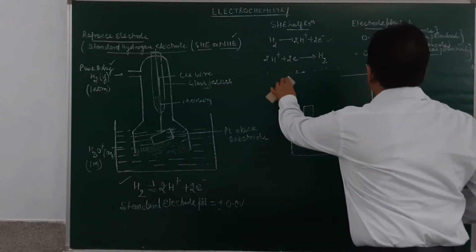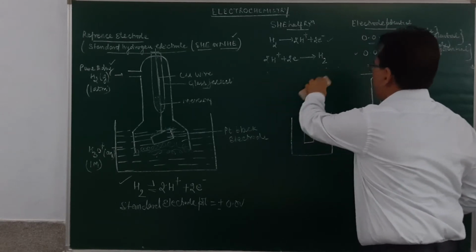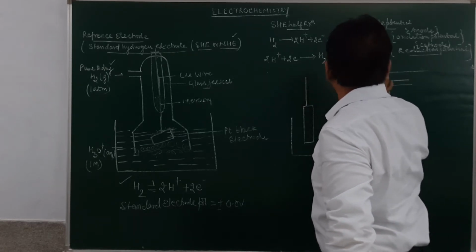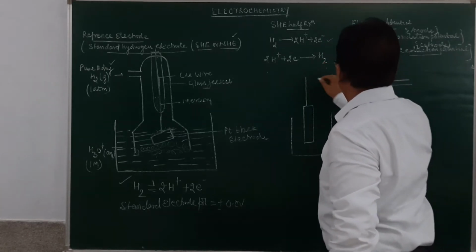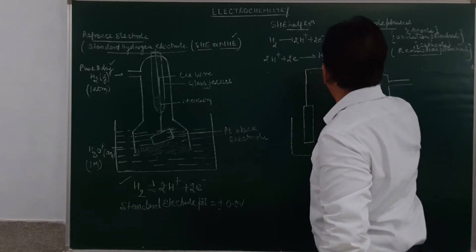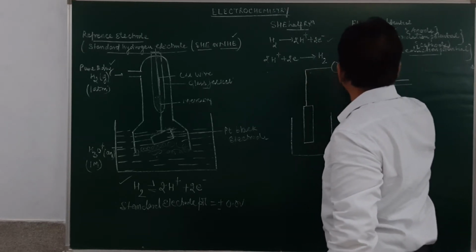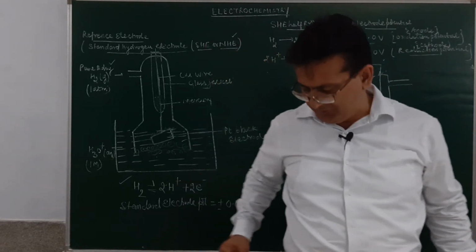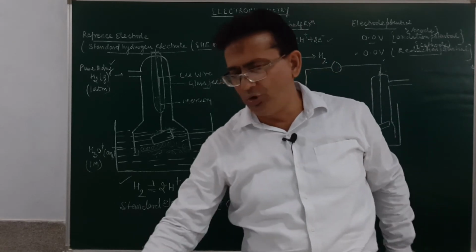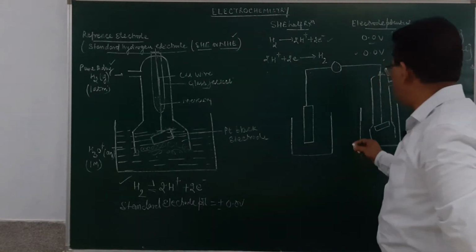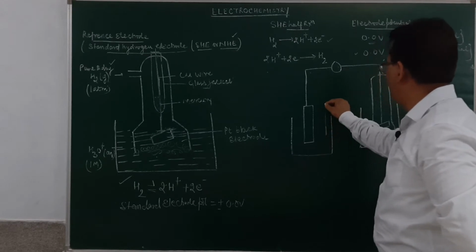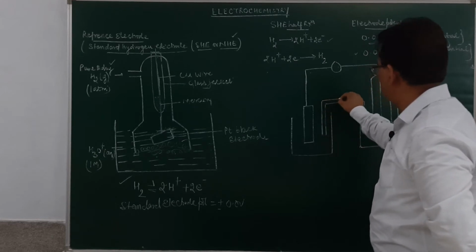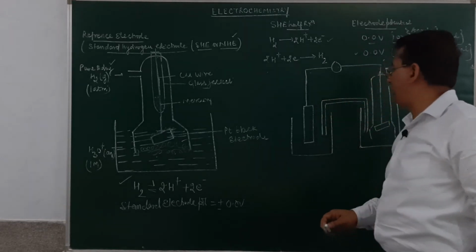So we will connect this and this with the help of a voltmeter. The internal connectivity between the two half cells is provided with the help of a salt bridge.